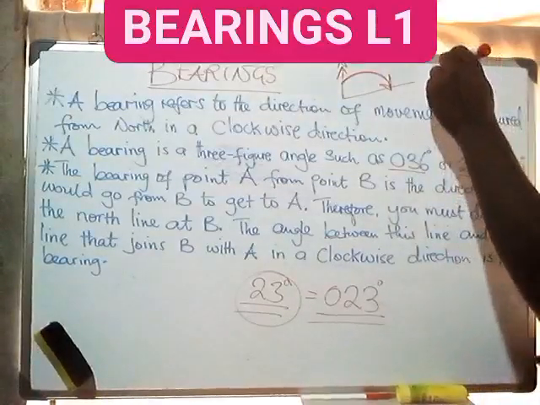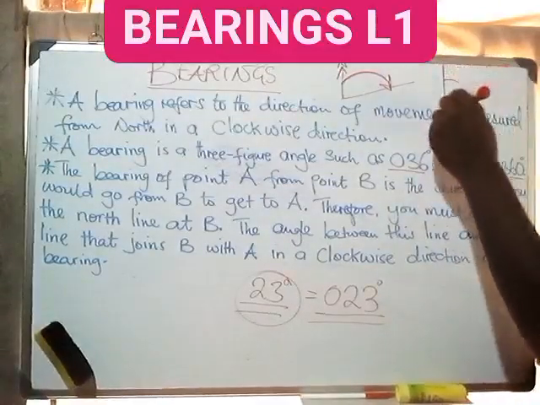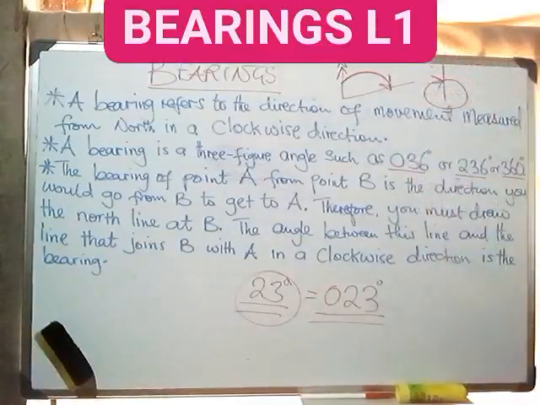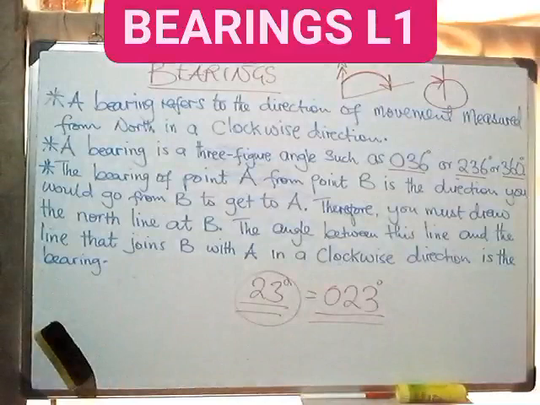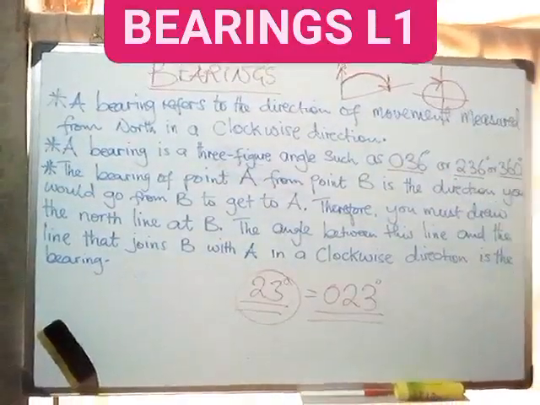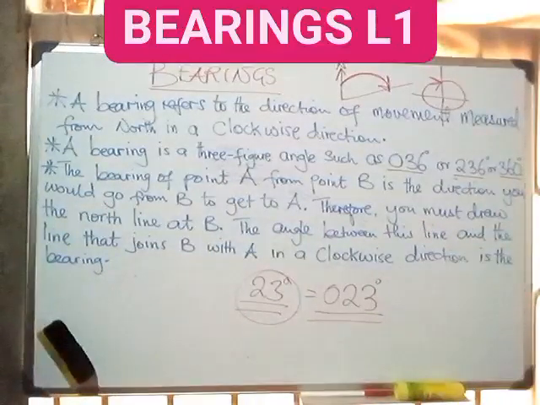If you have a line like this, then you move like this, this is a complete turn, the whole circle. Angles in a circle add up to 360. So this is what we have under bearing.